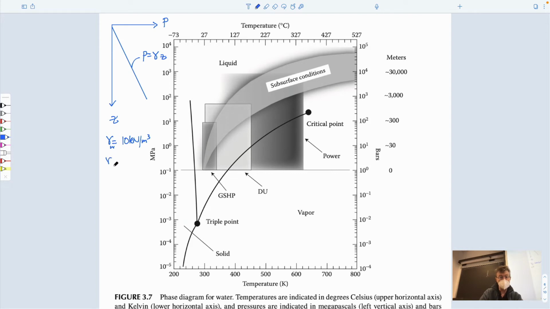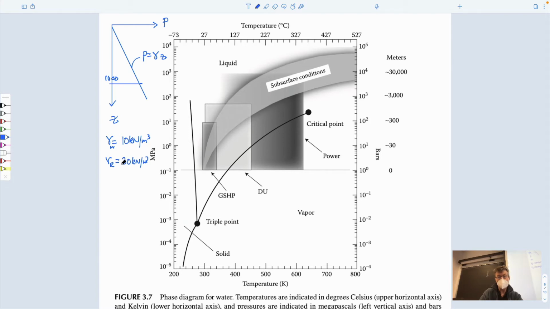For rock, we said it's about 3 times that, so let's say 30 kilonewtons per meter cubed. And so you know that by the time you've gone down 1,000 meters, say, a kilometer, then for rock, you would be at 1,000 times 30 kilonewtons, so that'd be 30 meganewtons.